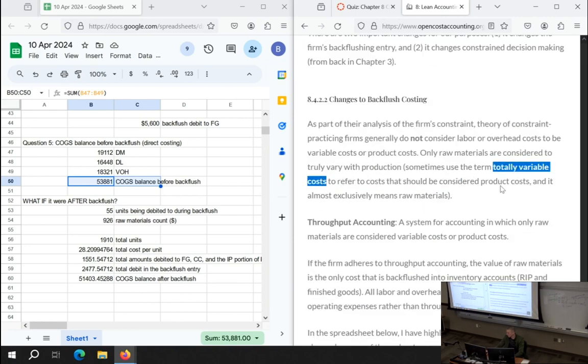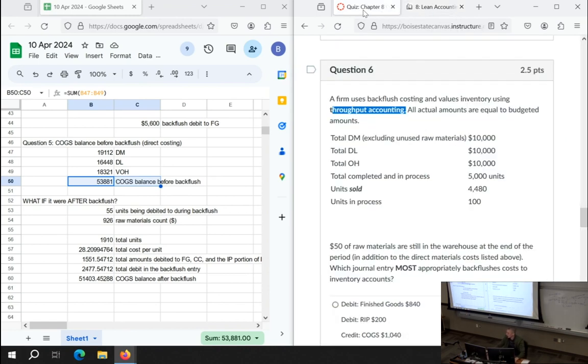The only truly or totally variable cost is materials. Direct or raw materials. Okay. That does make these calculations quite a bit easier, to be honest.